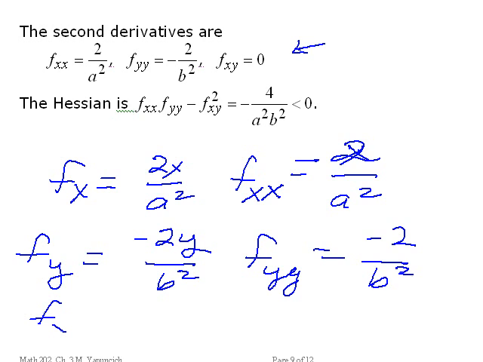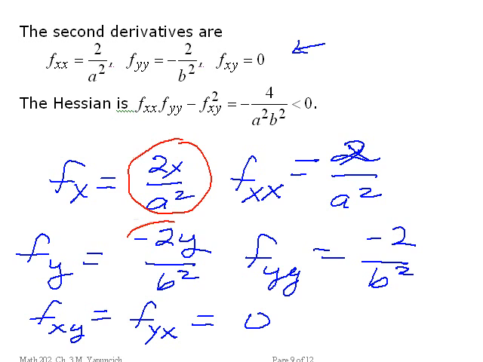And the mixed partials, it doesn't matter what order you take them in because of symmetry, and actually they turn out to be 0, because the derivative of this term with respect to y is 0, the derivative of this term with respect to x is 0. So when I construct the Hessian determinant, I end up with minus 4 over a squared b squared, which is negative. This is a saddle point by the second derivative test.